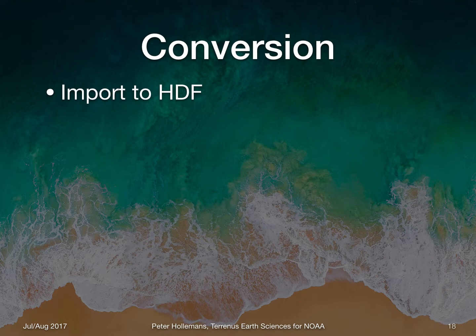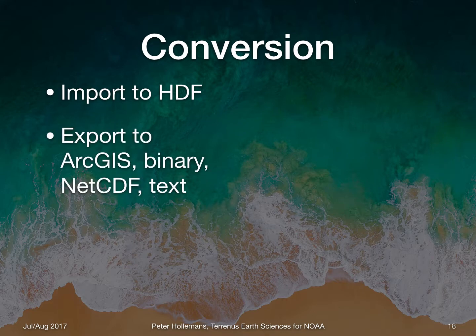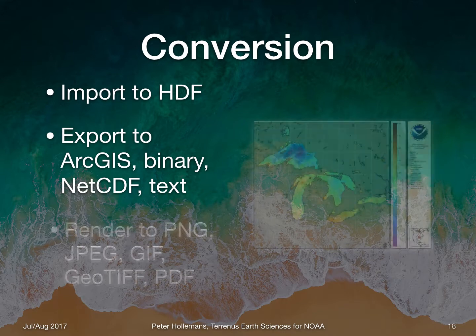The conversion operations include tools for importing to HDF, which is the format that the CoastWatch Utilities use internally for data processing, and exporting to other formats such as ArcGIS, binary, NetCDF, and text, basically formats that are useful to other packages.